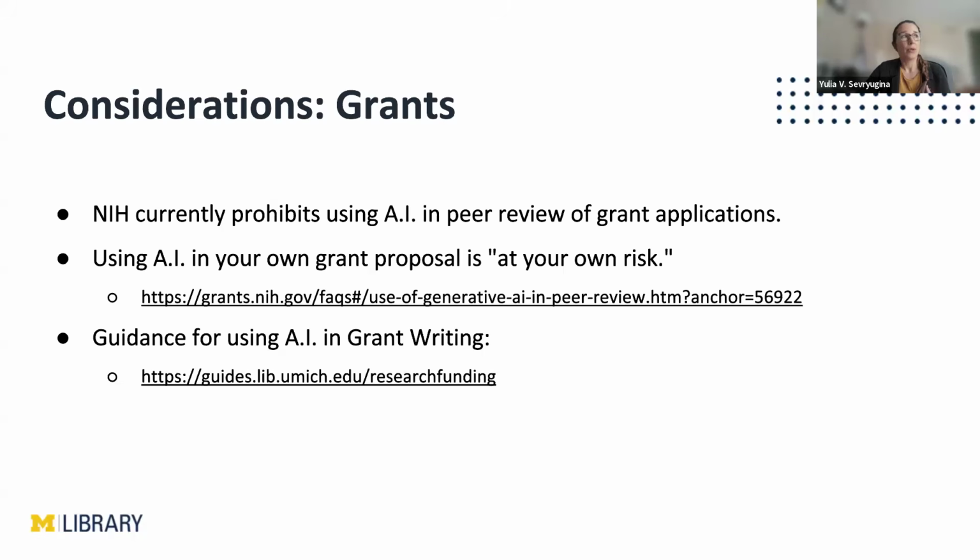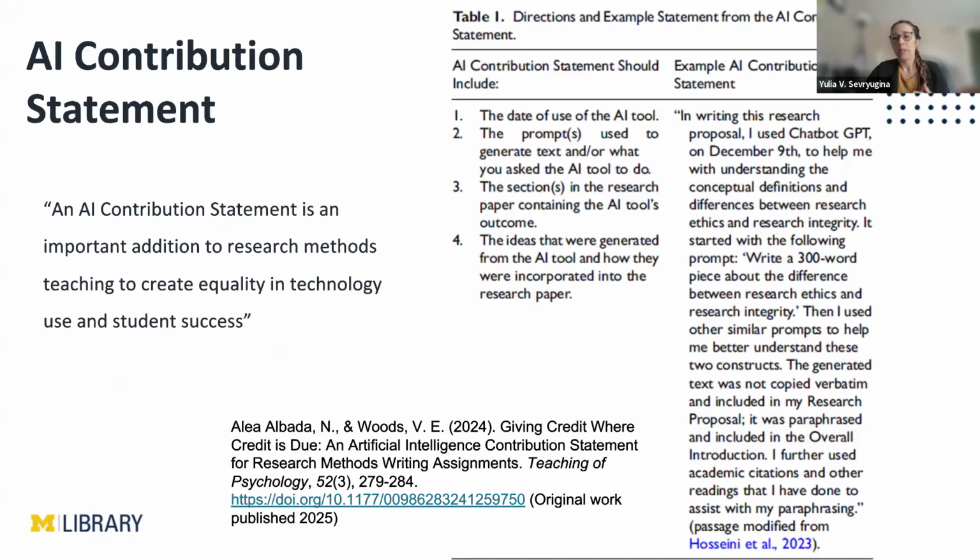You cannot really use AI to generate a grant. So I wanted students to understand that difference, what we allow in a class versus what is allowed in the real world, and how they should really check with the specific agency or journal before using or not using those tools.